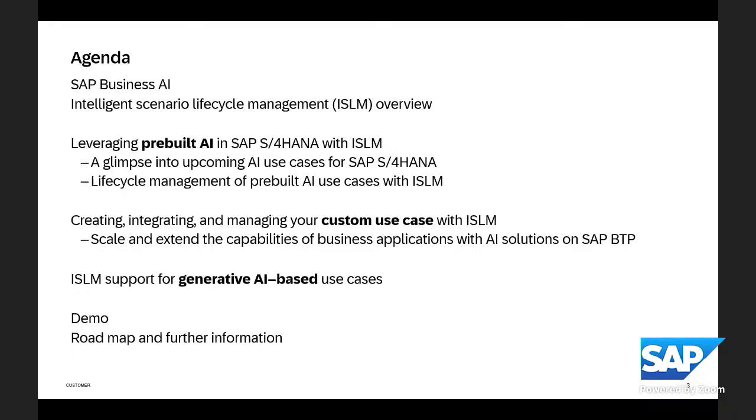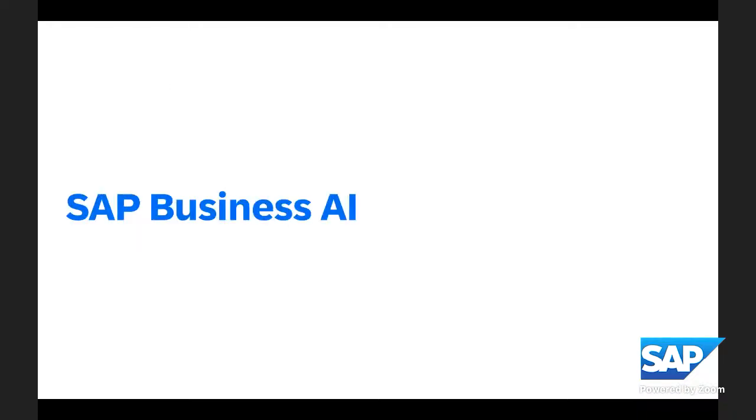And also, I think one of the key topics for today and something of great interest for our audience would be to talk about ISLM support for generative AI-based use cases. And we have a lot of demos planned for you, and we'll share the roadmap and further information. And we can wrap up the session with Q&A at the end.